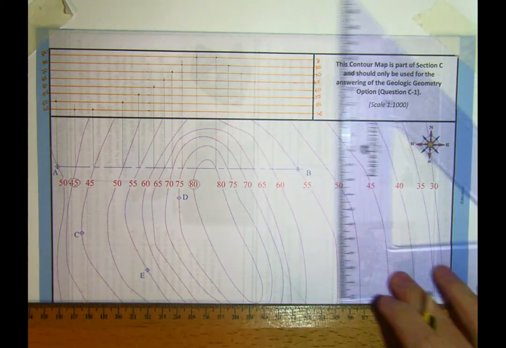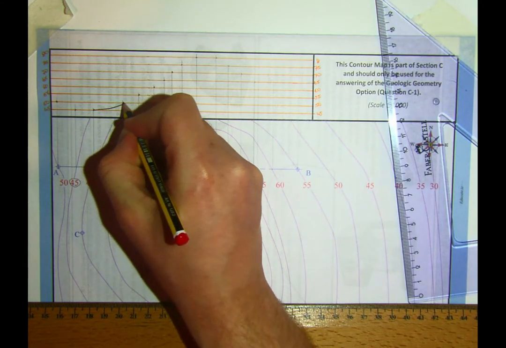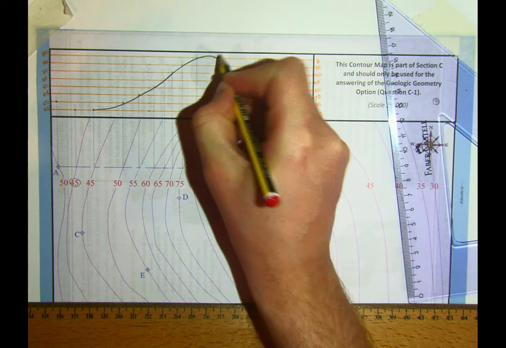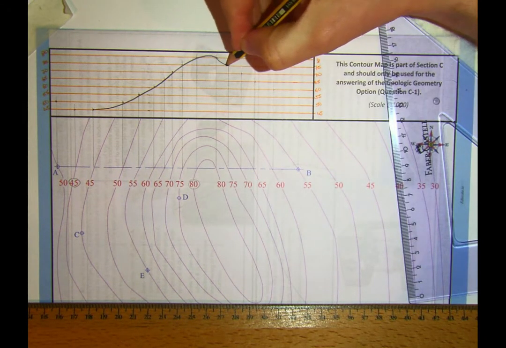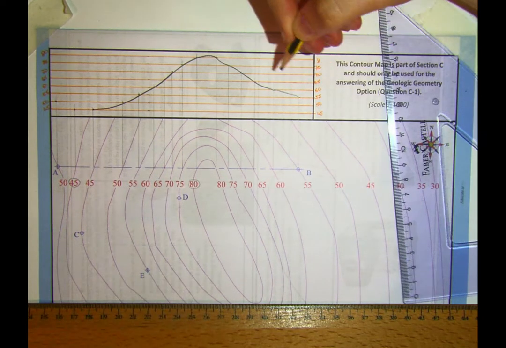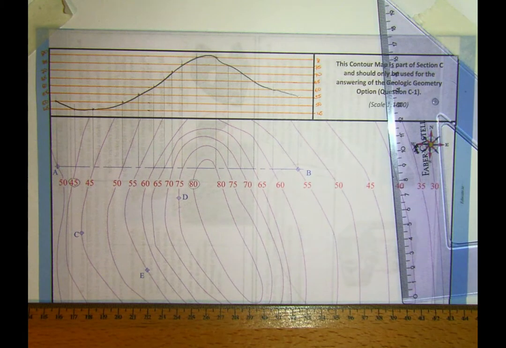And then once we have all those points plotted, it's just a matter of joining all the points up. Try the best curve that we can that's going to pass through each point. And that is our profile along the line AB. So that completes that first part.